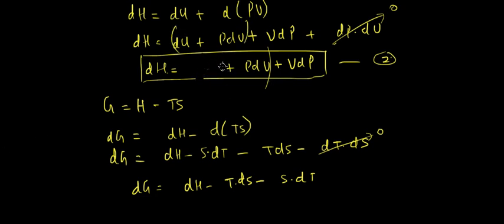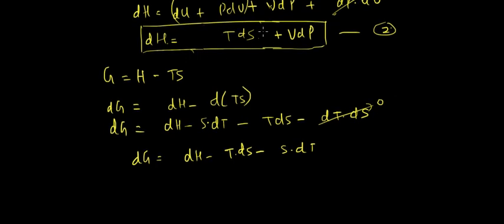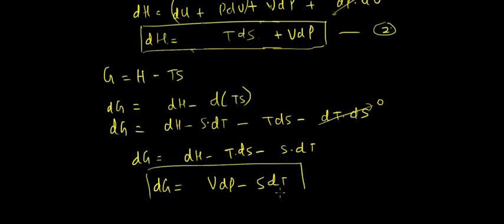Why? Because dU plus PdV would be equal to q, and for a reversible process q would be equal to TdS. So this would be dH equals TdS plus VdP. So dH minus TdS would be equal to VdP. So dG can be written as VdP minus SdT. Okay. So this would be the third equation.